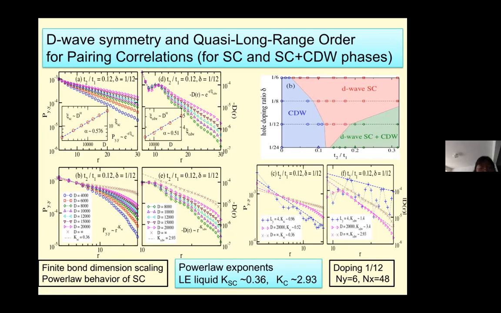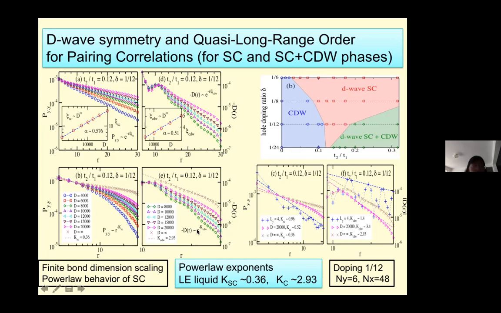The scaled data at bond dimension equal to infinity demonstrates a very good power law behavior, except at the system boundary. The power law exponent for this scaled data, K for superconducting, is around 0.36.